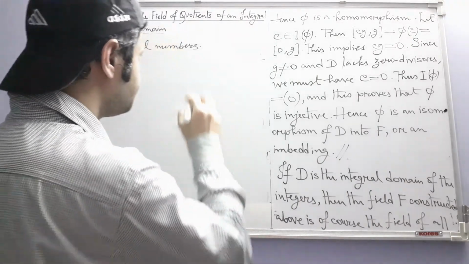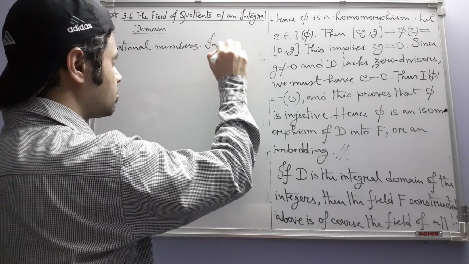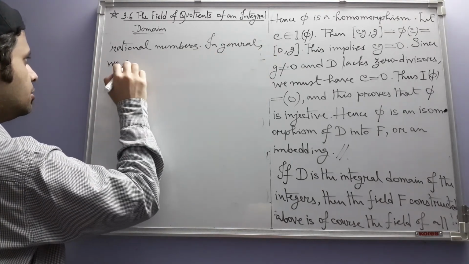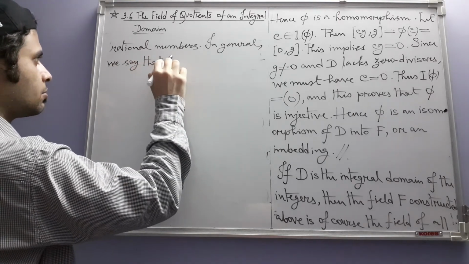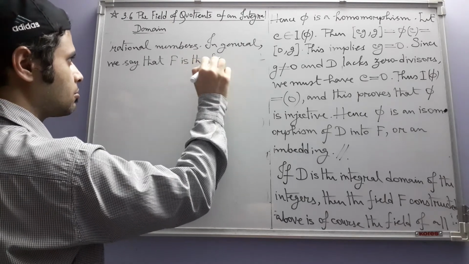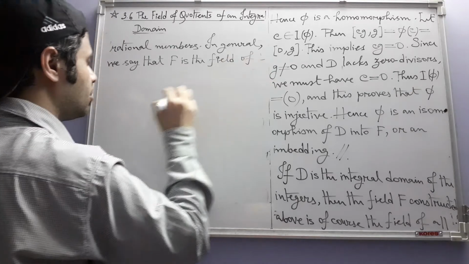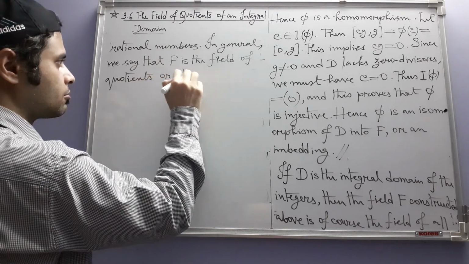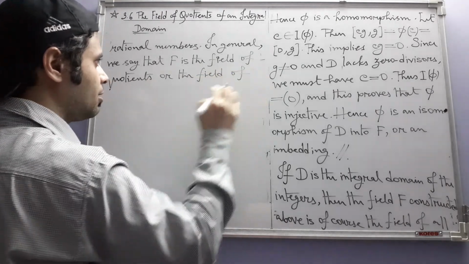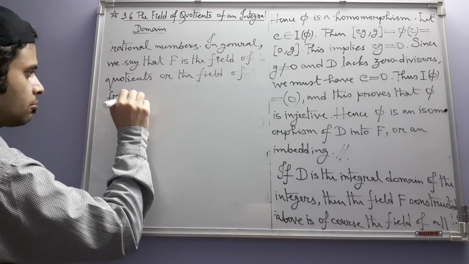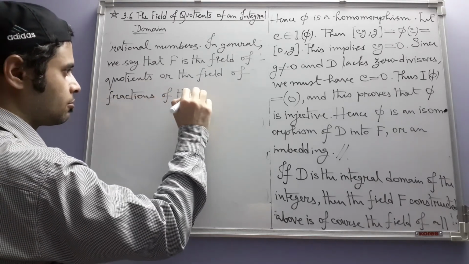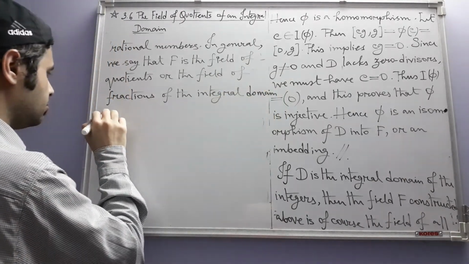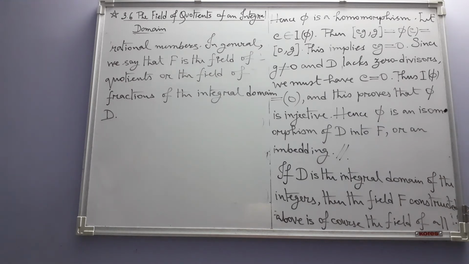One more thing that we have not said: in general, that is, if D is a general integral domain, we say that F is the field of quotients or the field of fractions of the integral domain D. So here the text part of this section ends.